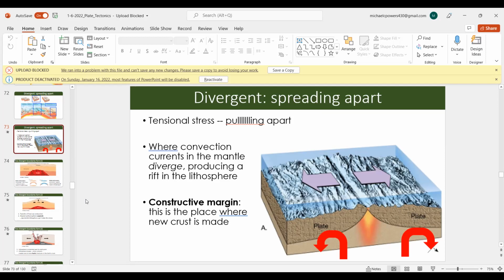Same with volcanism, but we get that buildup of magma, which is why we have a ridge at the center rather than just a rift zone and a gap, with all that volcanism building up in the center. But as that volcanic material cools, it's going to eventually break apart and then spread across the ocean floor. So divergent boundaries, we get some mild earthquakes, mild volcanism, nothing very serious or particularly hazardous.